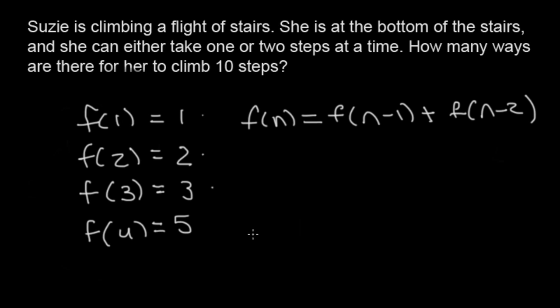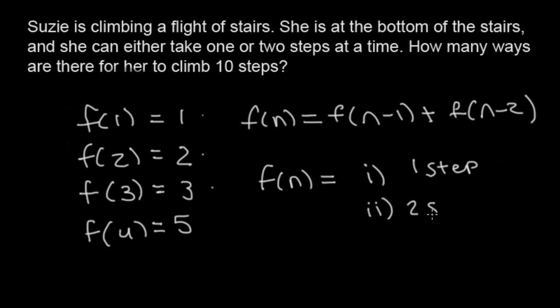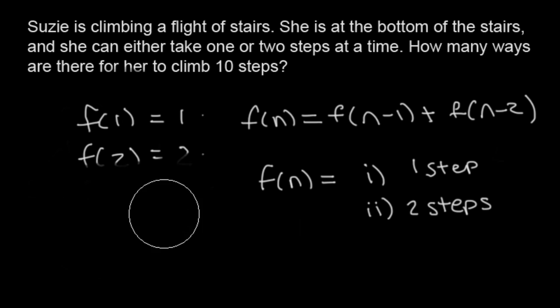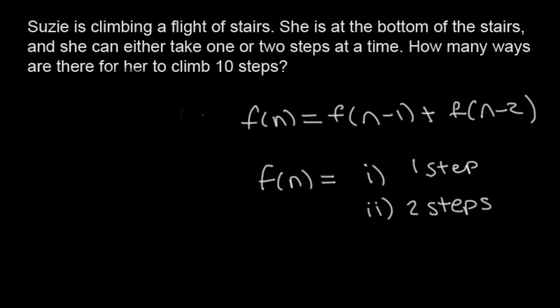To do that, think of a flight of n stairs. If you're trying to find out Fn, the first case is when, in the beginning, Susie takes 1 step. And the second case would be when she takes 2 steps, just in the beginning. So consider when she takes 1 step first. Let's just draw this.